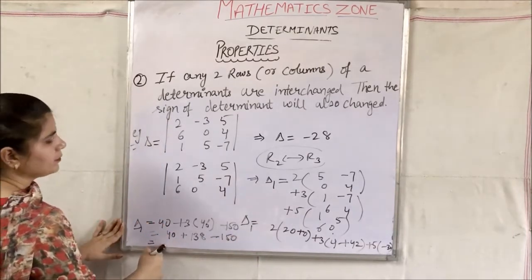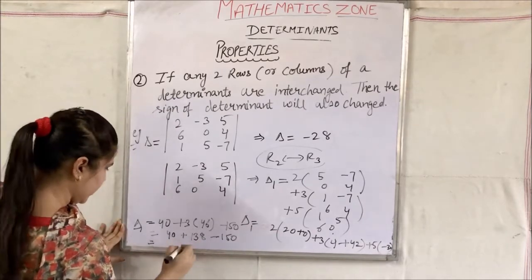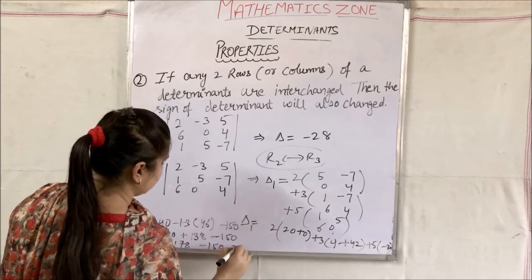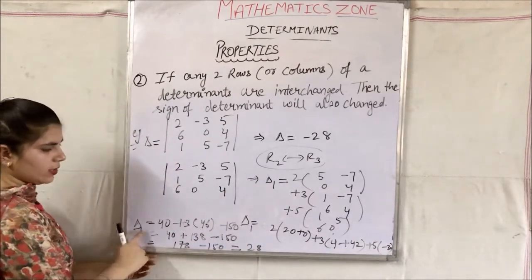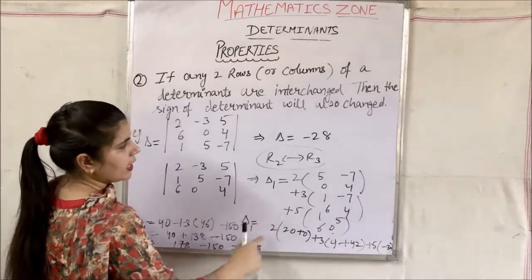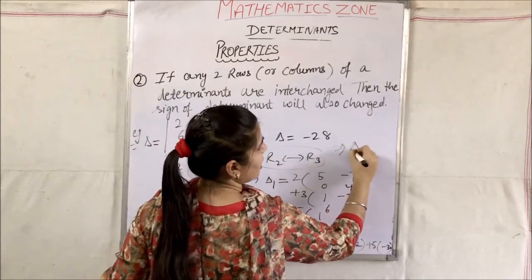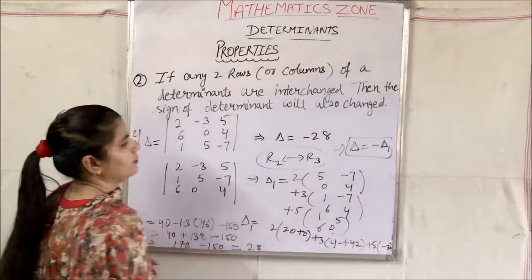This will be 138 plus 40, 178 minus 150. That will be 28. So we see that delta 1 is 28 and delta was minus 28. That means delta is equal to negative of delta 1. Hence proved.